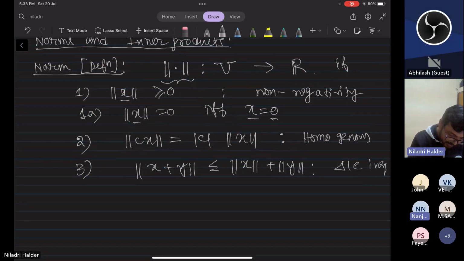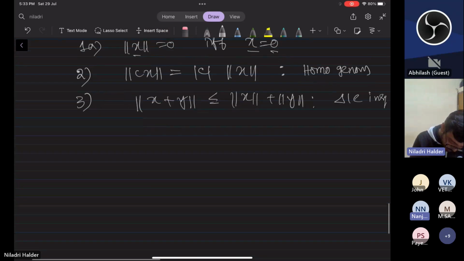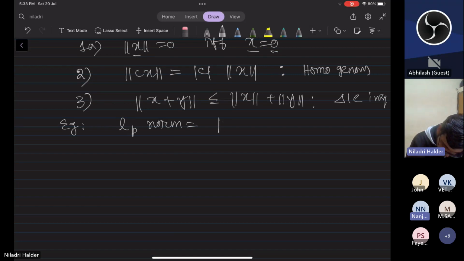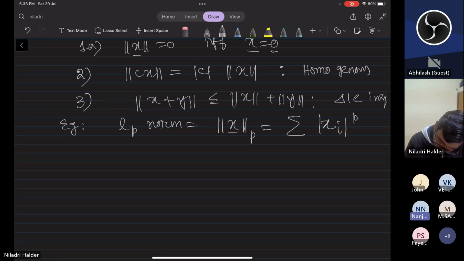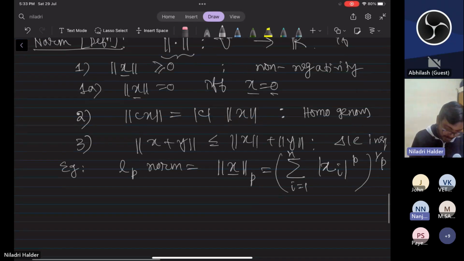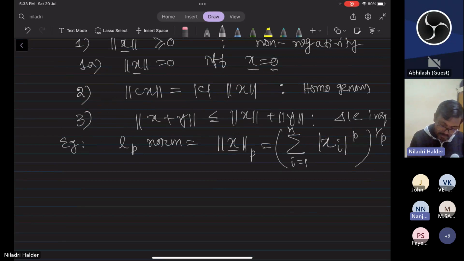If these three conditions are satisfied, then we can say this function is a norm. We can write down some examples, like the LP norm. If x is a vector with n elements, the LP norm is a summation over its elements. So this is a norm actually. If I put p equals 1, then it will be the L1 norm. Then p equals 2, it will be the L2 norm, like that.